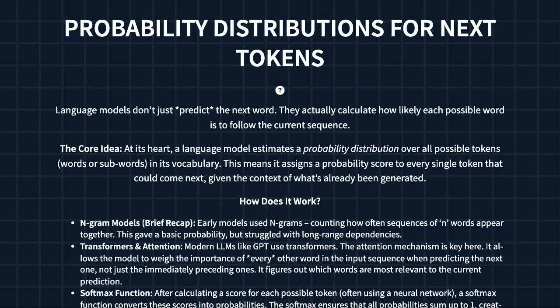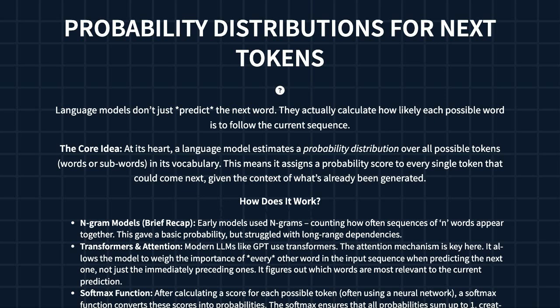Okay, so language models aren't just guessing the next word. They're actually figuring out how likely each possible word is to come after what we've already written. Think of it like a really sophisticated prediction engine. Early models used things called n-grams, basically counting how often sequences of words appear together. But modern LLMs, like GPT and others, use transformers with something called attention.